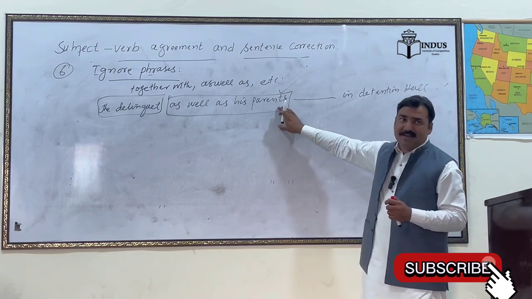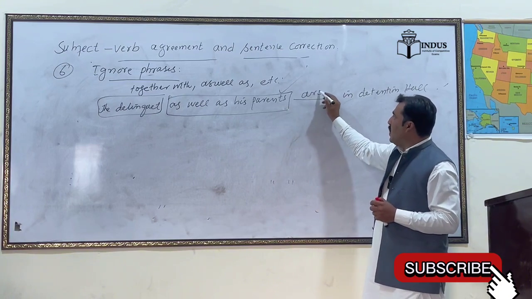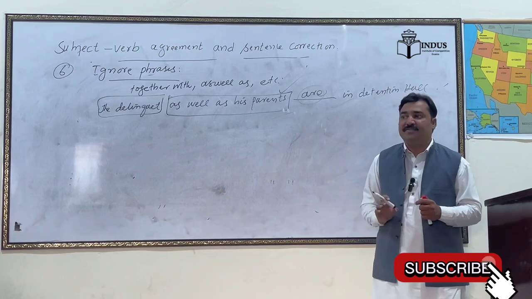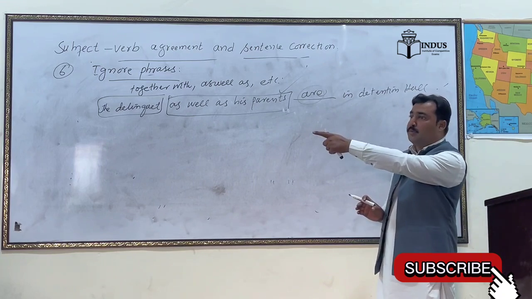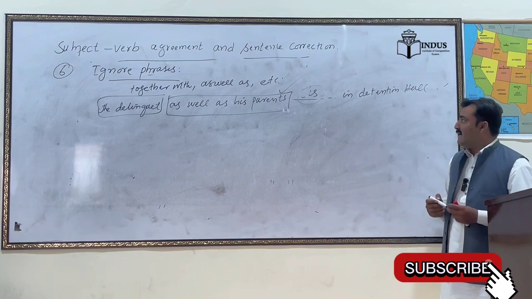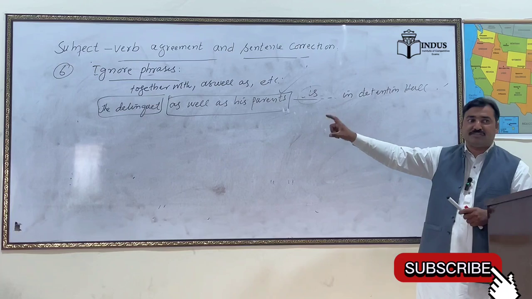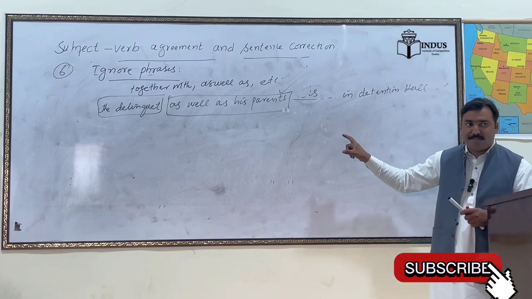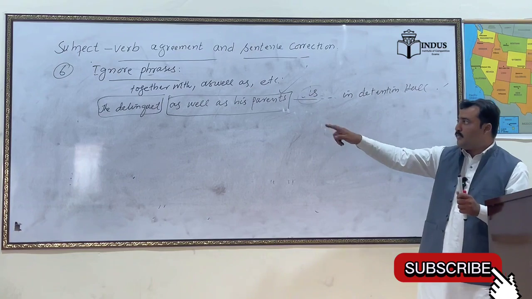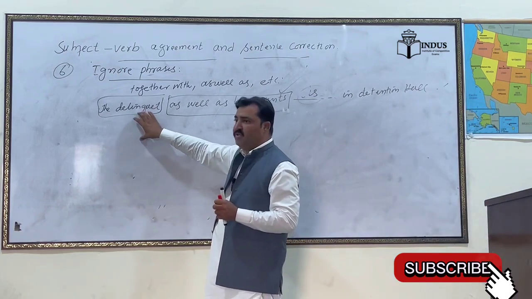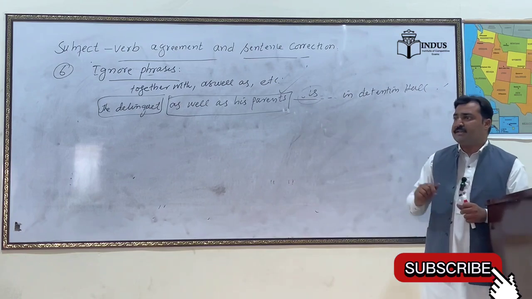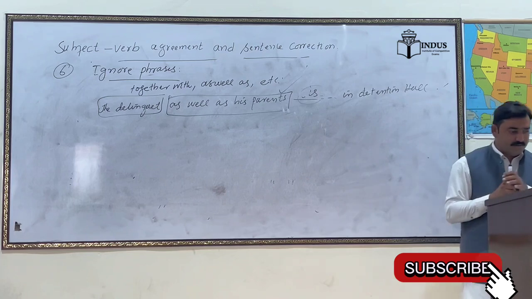If you see the parents, you can use are, as parents are plural, but it is not the subject of the verb. The subject of the verb is delinquent. So, in this case, you will have to use is, because the subject is singular, though the phrase is plural. Remember, don't go by the phrases, you have to ignore them. Your focus must be on the subject. If the subject is singular, you will treat the verb as singular. Got it?